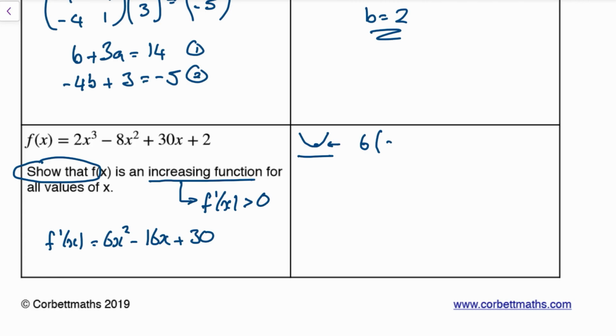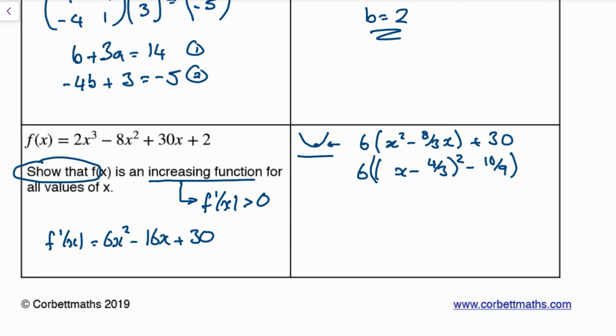So that's going to be 6x squared minus 16 over 6, which is the same as 8 over 3, x, plus 30. Then if I complete the square on the bit in the middle, that's going to be x minus 8 over 6, which is the same as 4 over 3, squared, minus 4 over 3 squared, which is 16 over 9.